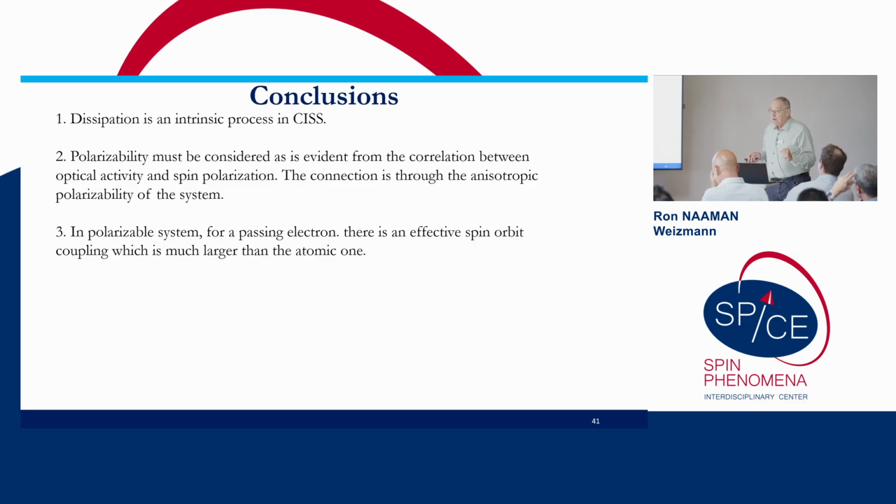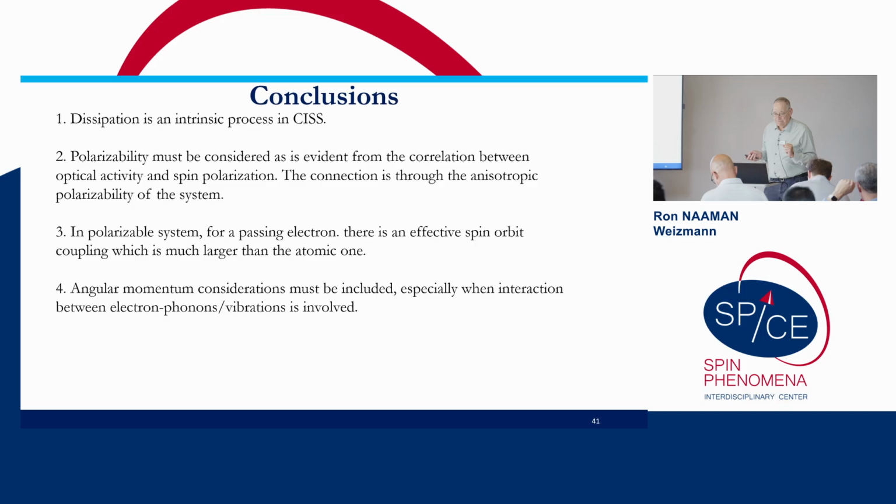The effective spin-orbit coupling is not the simple atomic spin-orbit coupling. Now we're finding more and more things in this spin-orbit coupling. It's a really fascinating subject, and I hope very soon we will come with even more exciting results about it. Angular momentum consideration must be added to all the calculations for electron transfer.